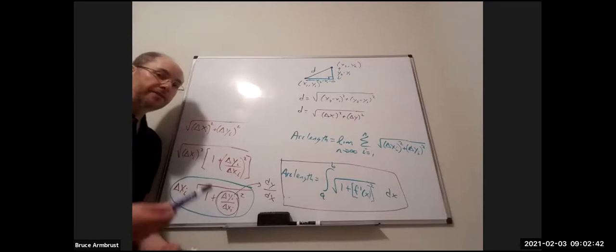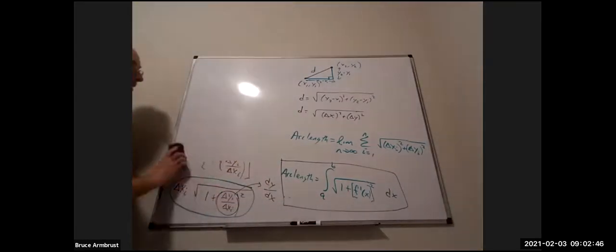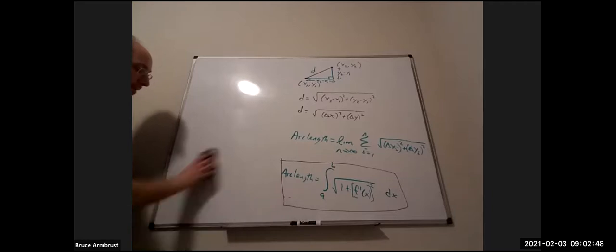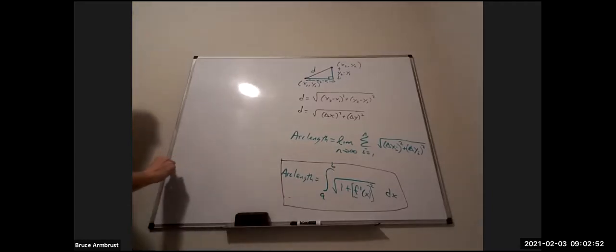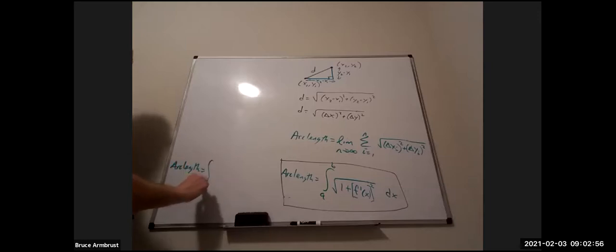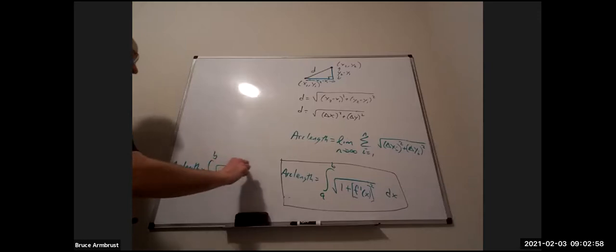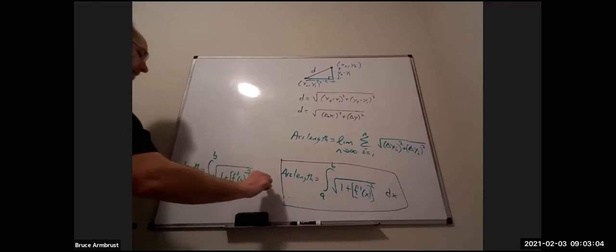And since I could have done it that way, let me write out another form for the arc length. I could have just as easily written it as arc length equals the integral from a to b of the square root of 1 plus f prime of y squared dy.